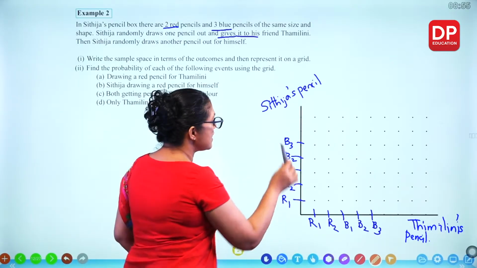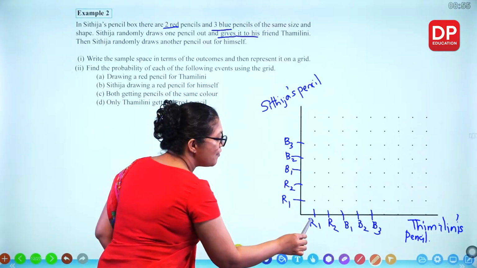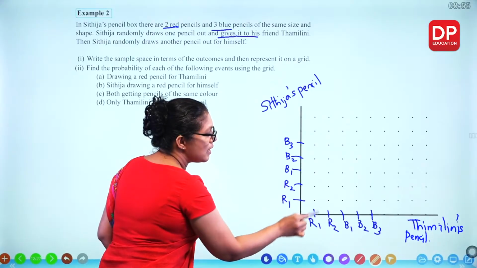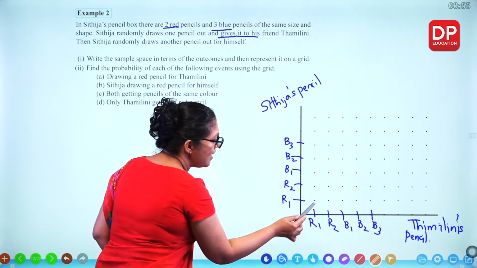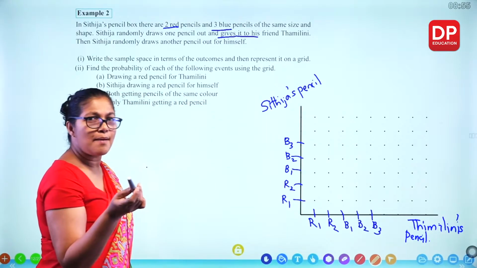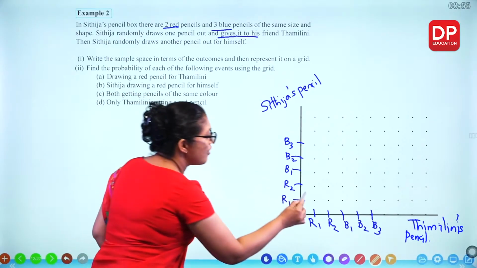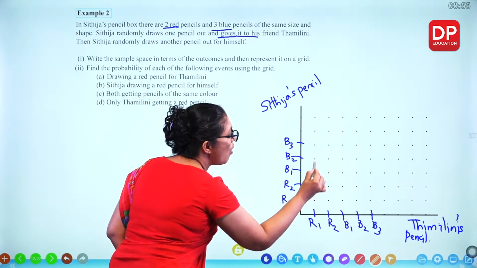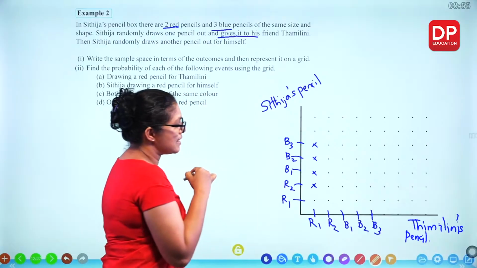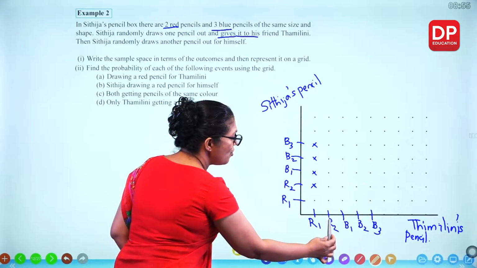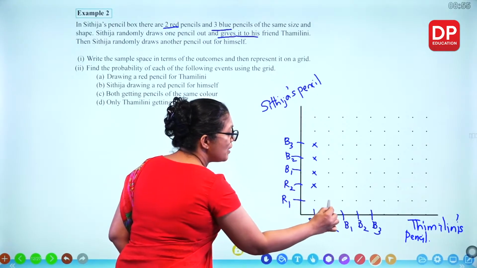Now what happens? Think about it: Sithija gave the red one to Thimalini. Then can you get the same pencil again? So you are not getting this one, you get all these other possibilities. When you take R2, you can't get R2 again.